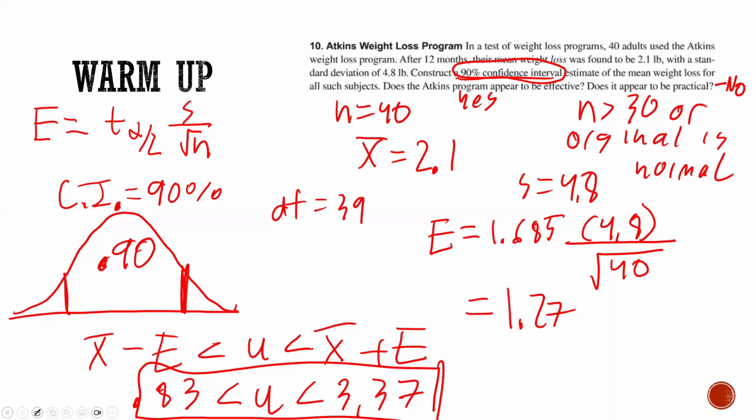We can do what we just did on your calculator. On the stat menu, go to tests and go down to t-interval.